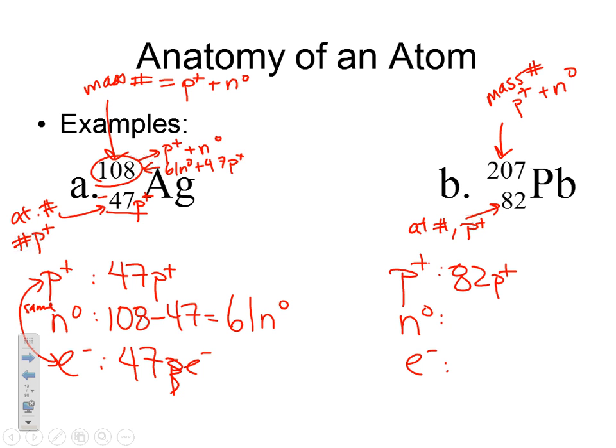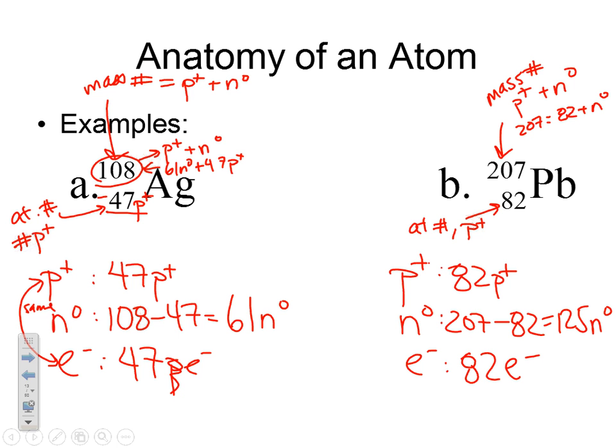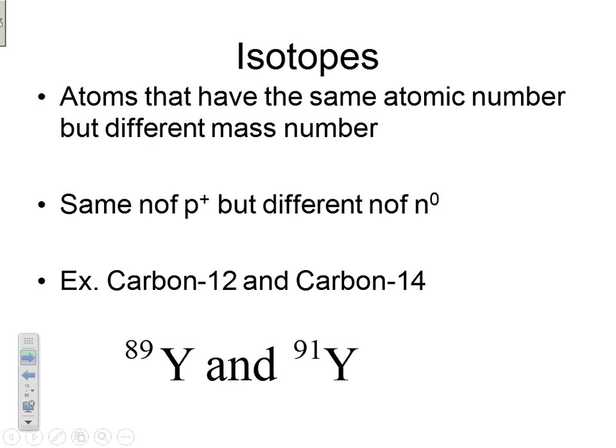For the number of neutrons, I'm going to subtract away the number of protons from the mass number, right? I know that 207 is equal to 82 plus the number of neutrons. So if I simply do some subtraction, that gets me that there are 125 neutrons in this thing. And for electrons, again, for an atom, number of protons must equal number of electrons in order to make it electrically neutral.